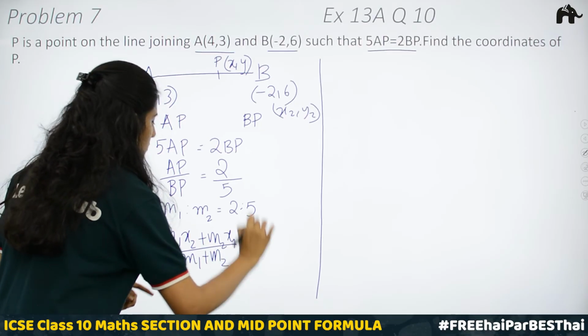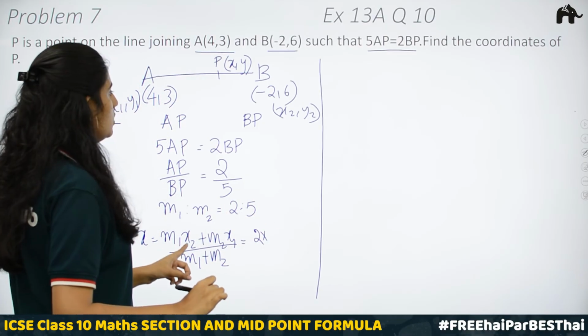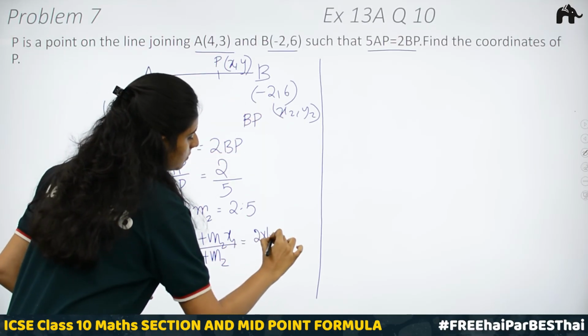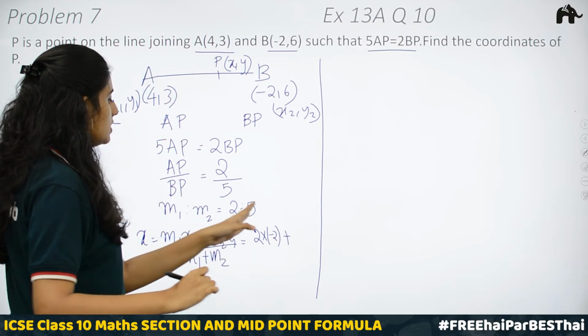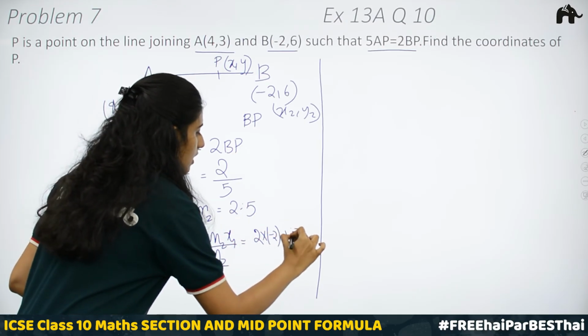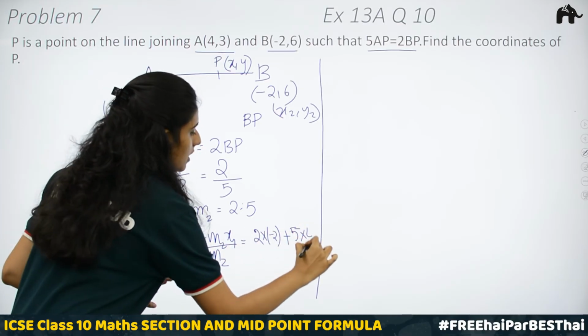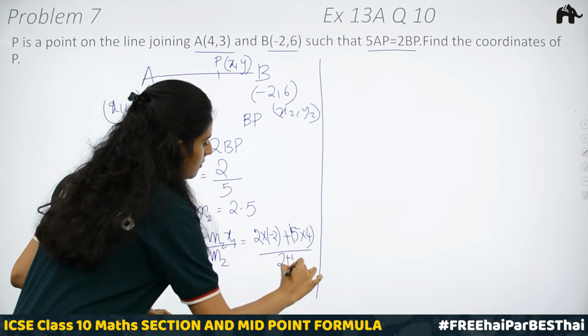Put the values here. m1 is equal to 2, into x2. x2 is equal to -2, plus m2 x1. Here m2 is equal to 5, into x1 is equal to 4, divided by m1 plus m2, that is 2 plus 5.